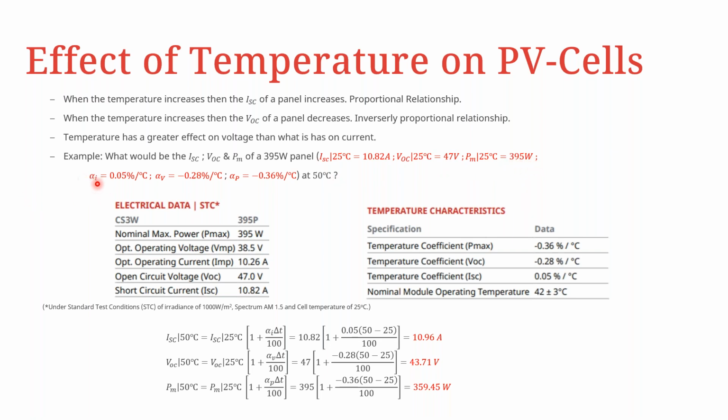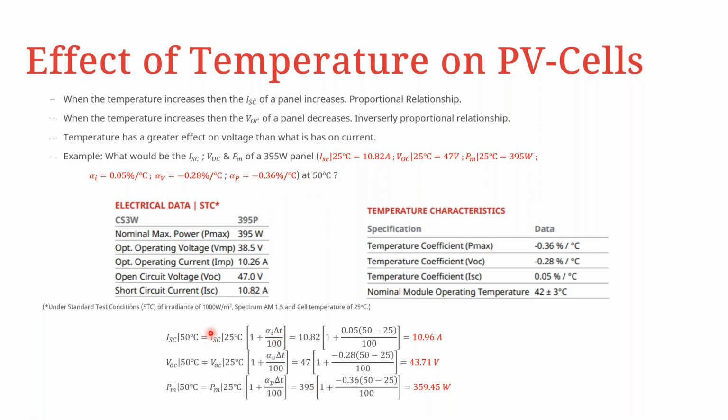Here we're using a current temperature coefficient of 0.05% per degree centigrade, the voltage coefficient is minus 0.28% per degree centigrade, and the power coefficient is negative 0.36% per degree centigrade. So what is it at 50 degrees centigrade?